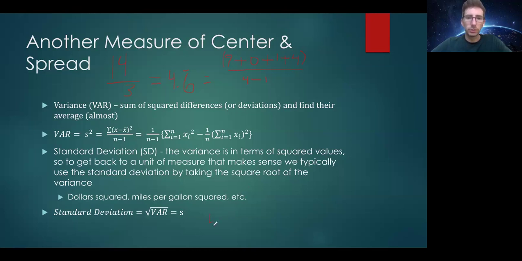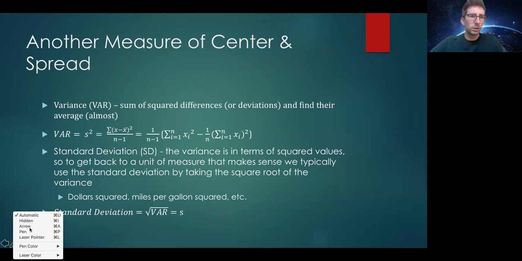So if our variance was 4.6 repeating, we'll just take the square root of that. The square root of 4.6 repeating is 2.16.